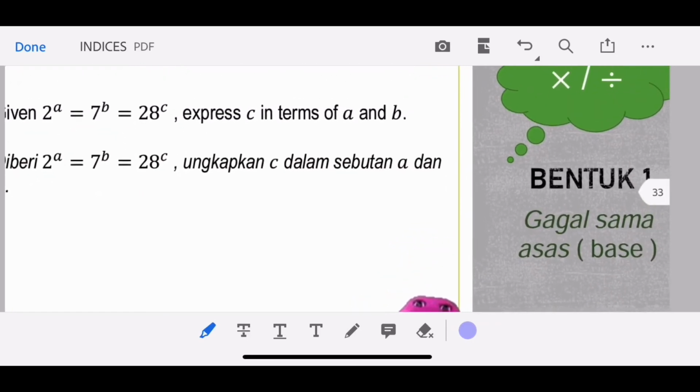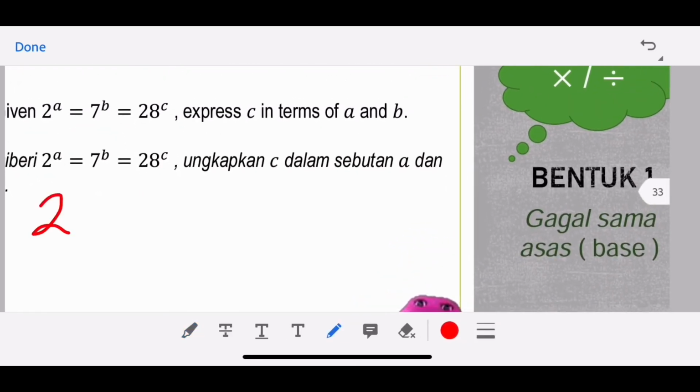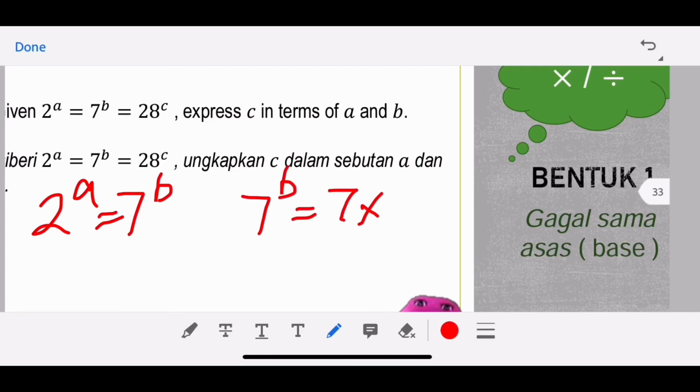Okay, then finally we have one more, which is 2 power a equal to 7 power b equal to 28 power c, right? So firstly we have to split into two equations: 2 power a equal to 7 power b. So 7 power b equal to 7 times 4 power c.